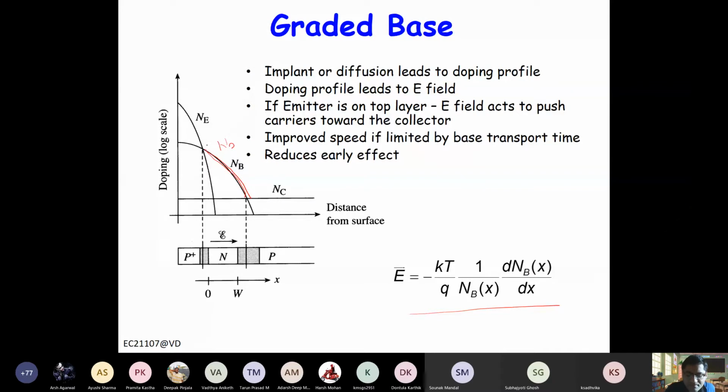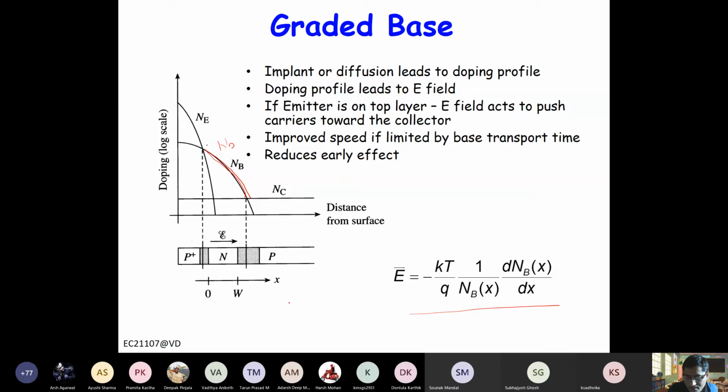But there is a simple way, using the band diagram. The doping is decreasing with x. That means your electron concentration is also decreasing with x, right?